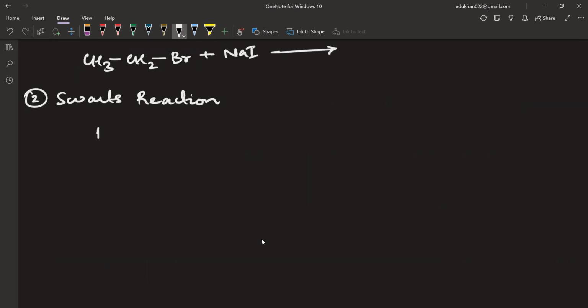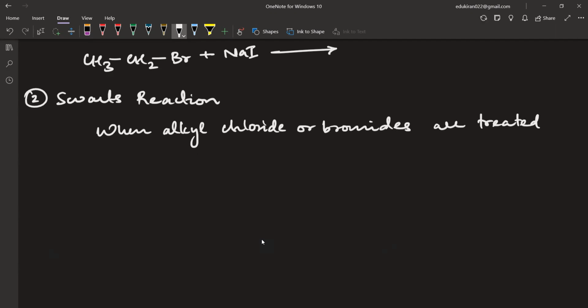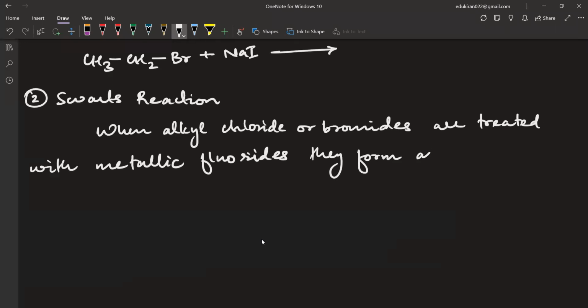So Schwarz reaction is, please write, when alkyl halides, I mean chlorides or bromides, are treated with metallic fluorides, they form alkyl fluorides.